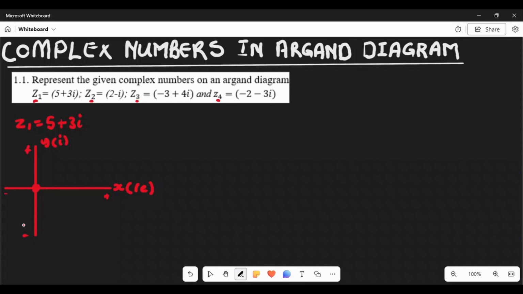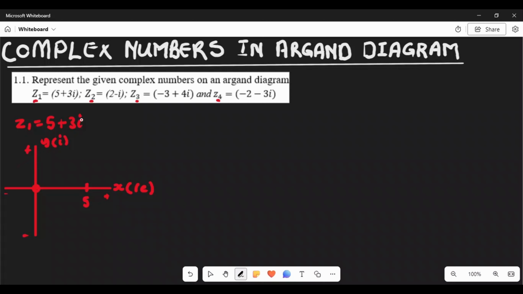This is our origin. When we draw this graph, remember the 5 represents the x, or the real part of the complex number. So this part here is actually 5 on the x-axis, and it's positive.